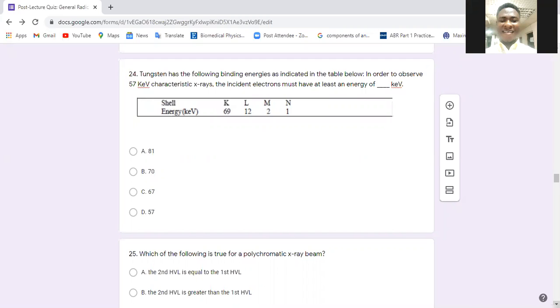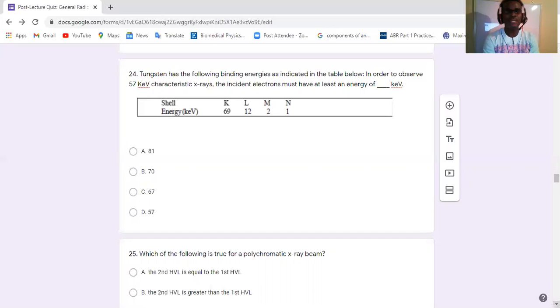Because we are talking of characteristic X-rays, and for it to occur, the incident electron must have energy greater than the binding energy of the K shell. For the K shell here the energy is 69, and the closest option above it is 70.